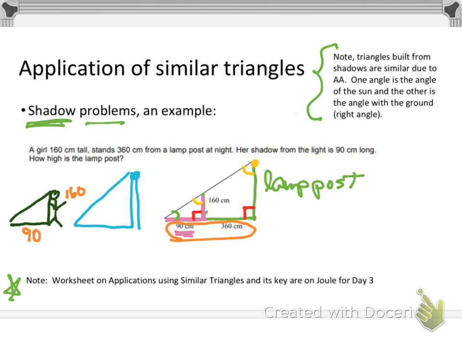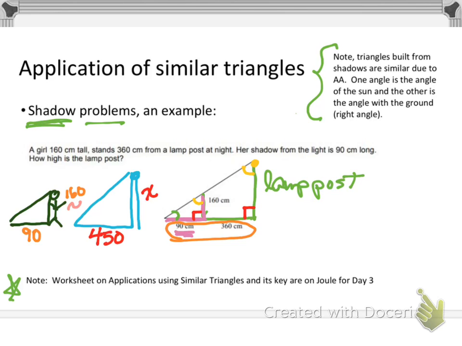So you've got it in your calculator or in your head, say 90 plus 360, and you should be getting 450. So this length is 450, and we don't know this. Okay, this is our x. And what we've established by angle is that these two triangles are similar.